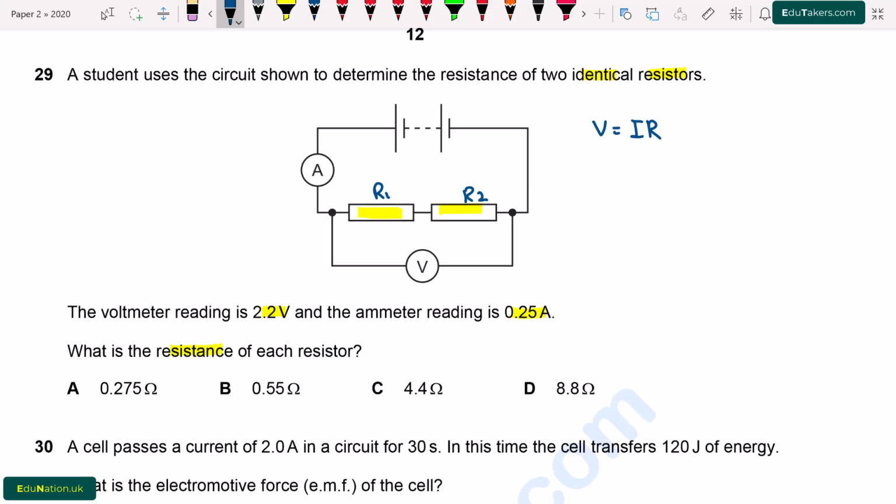By using Ohm's law, V equals IR, I find the resistance of this whole circuit. So R will be equal to V over I, where V is equal to 2.2 volts and current is equal to 0.25 amperes. So resistance will be equal to 8.8 ohms. This is the resistance of the whole circuit.